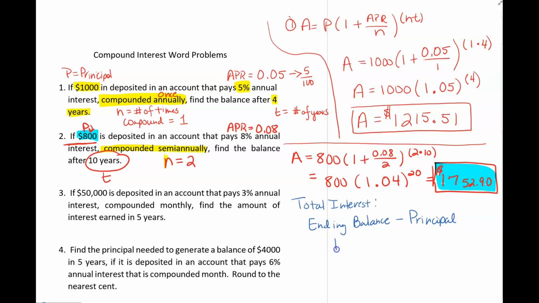So in this case, it's going to be 1752.90 minus $800, which is what we put into it. And so the interest is $952.90.